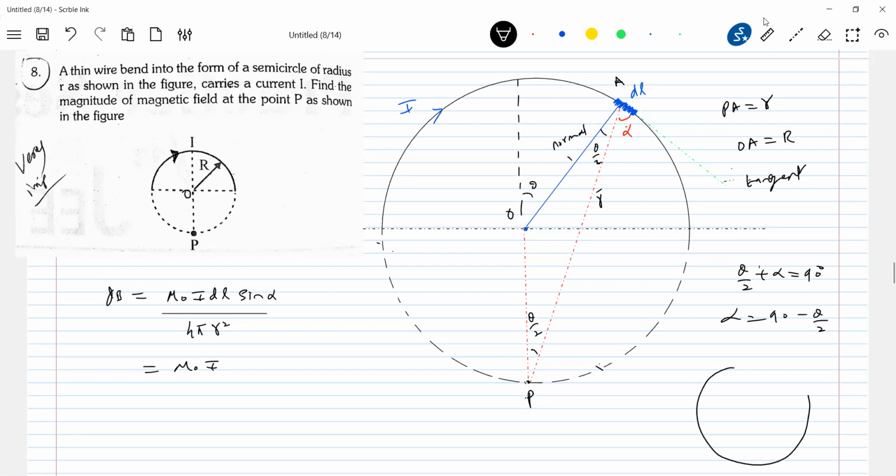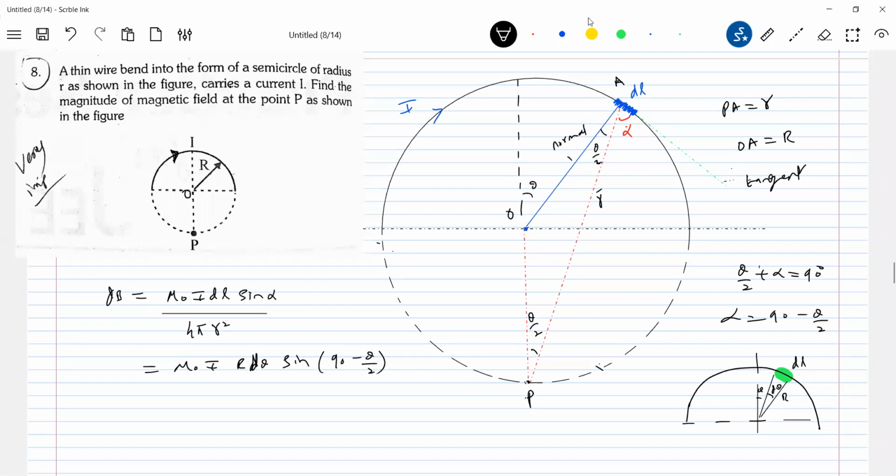I'll draw one more circle. What is this? From looking at this, dl is R d theta, sine of alpha is sine of 90 minus theta by 2, over 4 pi r square.